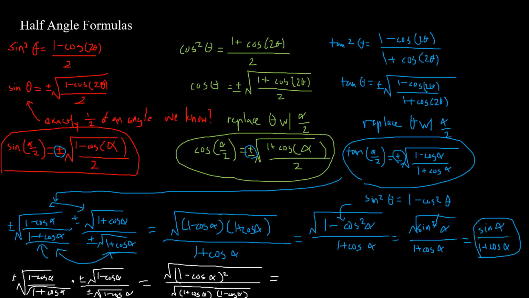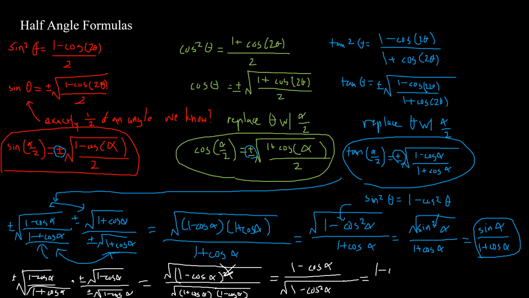This can be simplified. The square and the radical are going to cancel out, so they're just going to be turned into 1 minus cosine alpha over, and then let's multiply the bottom part out to get a squared minus b squared, so 1 squared minus cosine squared alpha. And if we remember our identities, 1 minus cosine squared alpha is the same as sine squared alpha.